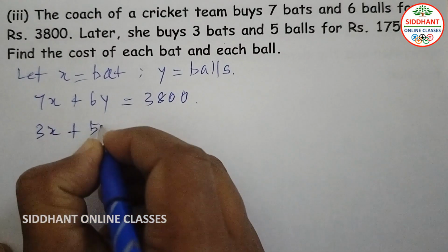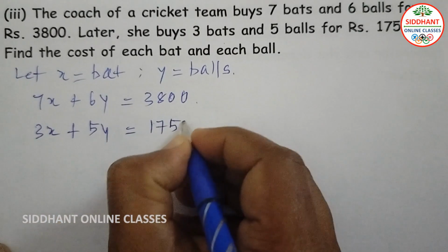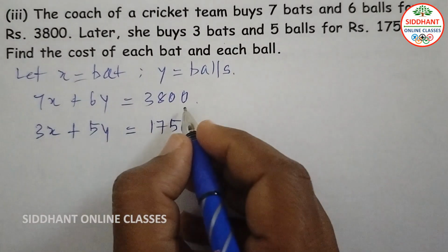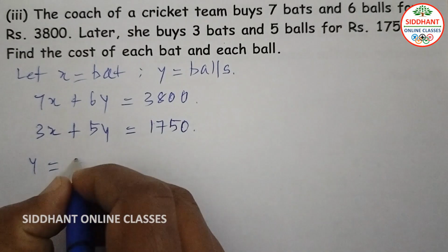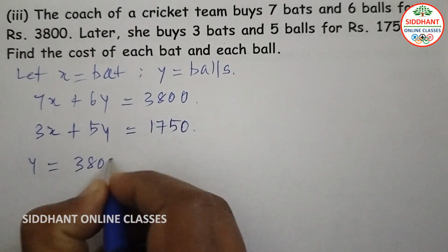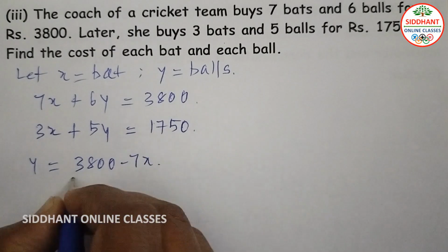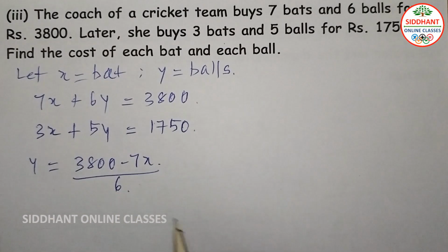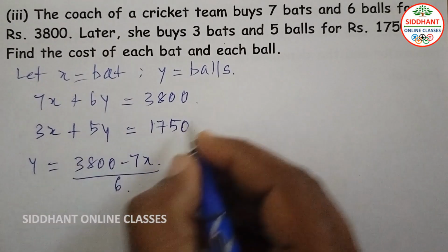3x plus 5y equal to 1750. So now from the first equation we are going to see y equal to (3800 minus 7x) by 6. So this is the y value here. So now substituting y value in equation 2.